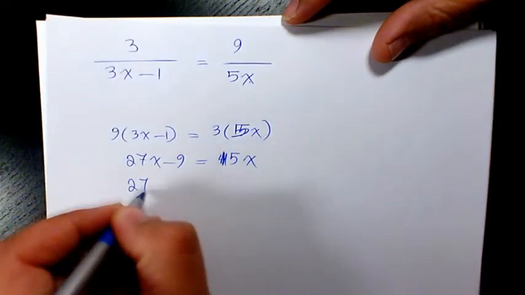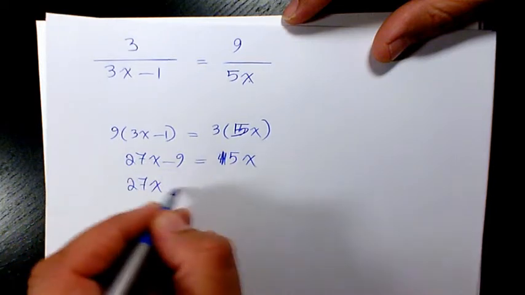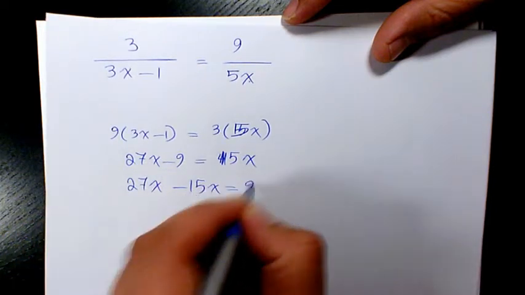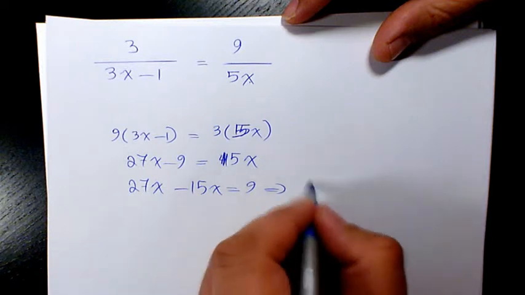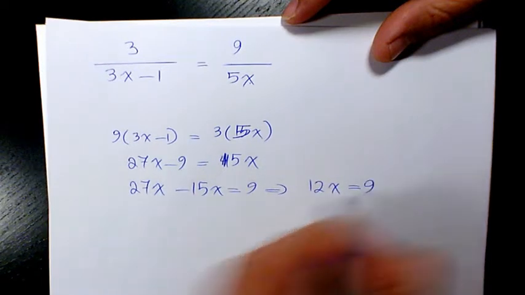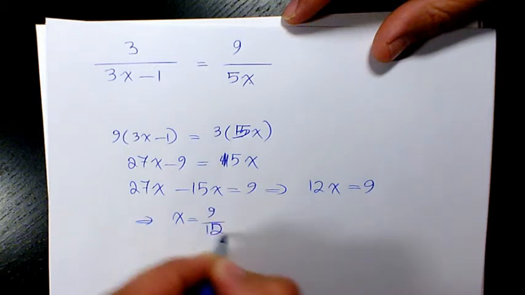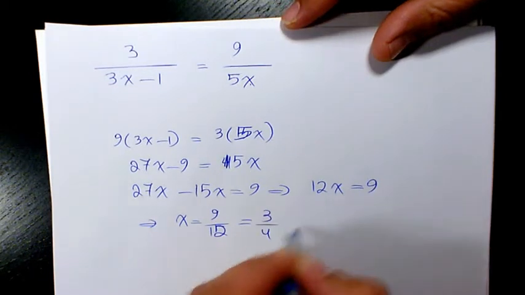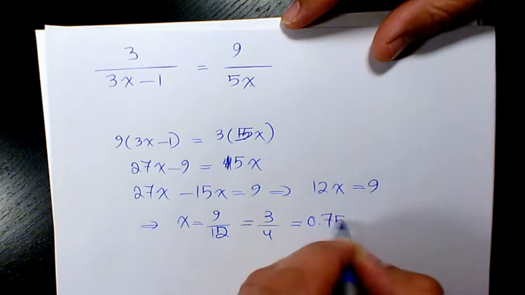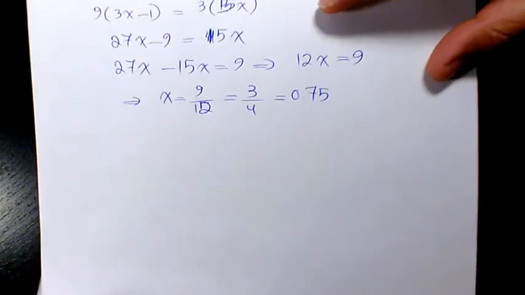So 27x minus 15x equals 9. So that's going to be 12x equals 9. So x is going to be 9 over 12, which is 3 over 4 or even 0.75. Whatever is easier for you to write.